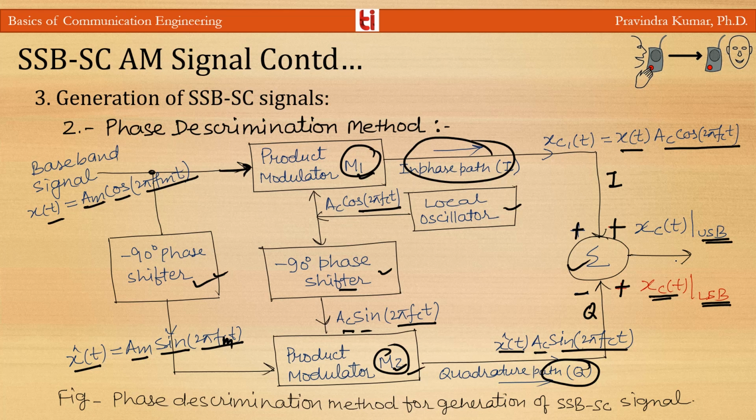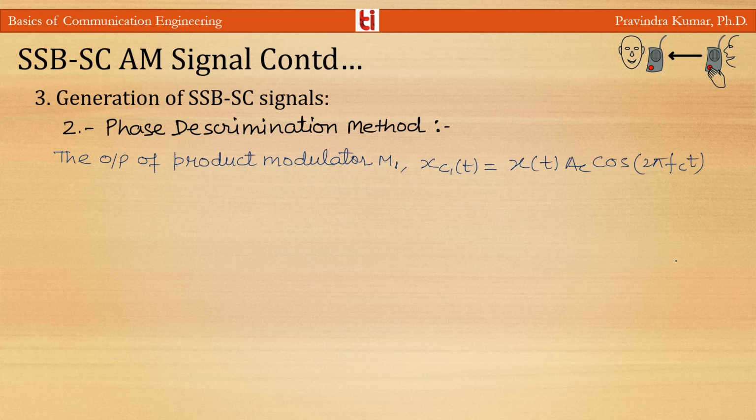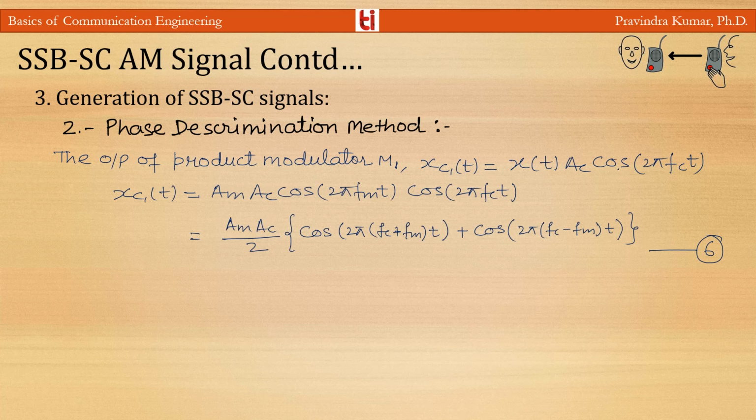Now mathematically we can see the output of the product modulator M1, it is x(t) Ac cos 2 pi fc t, and here we can write it as Am Ac cos 2 pi fm t cos 2 pi fc t, because x(t) is Am cos 2 pi fm t.